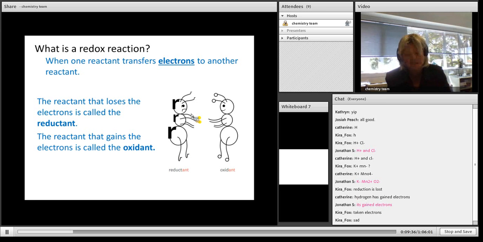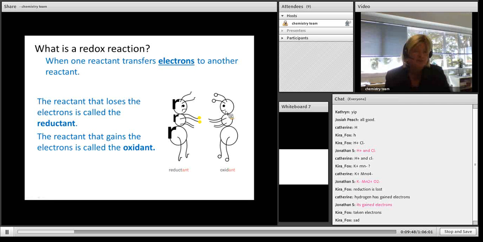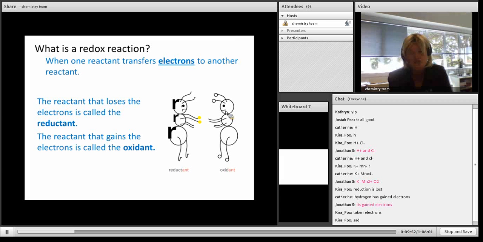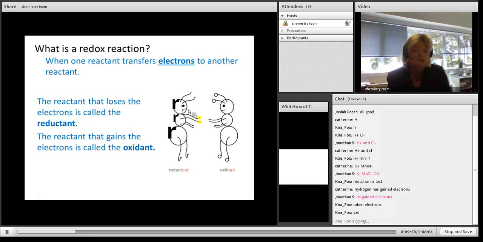He's losing his electrons, and he's got to hand them over to the oxidant. I didn't give it a full O for oxidant because it made him look surprised. But the oxidant is happy. He's taking those electrons. I find this image very useful for remembering what an oxidant and a reductant do. I always just think of an R for a sad face. So a reductant is having to lose electrons.